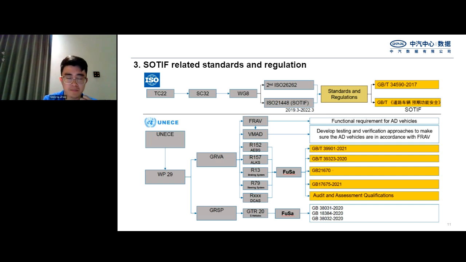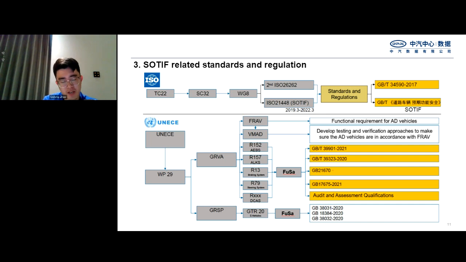We also have a standardization working group trying to convert the ISO standard into a Chinese version. I think in several months or a year, we are going to have a Chinese version of the SOTIF standard, which can be a bit different from ISO 21448, considering the special road features and driving conditions in China.